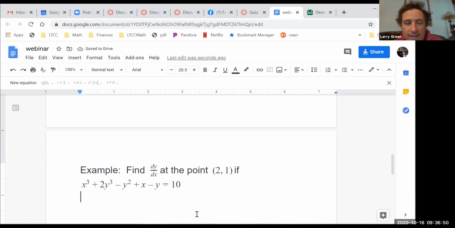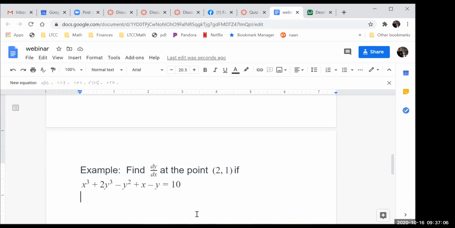All right. Now, there are two ways of doing it. One is solve for y first and then find the derivative. Do you think that is a nice way of doing it? What do you think?